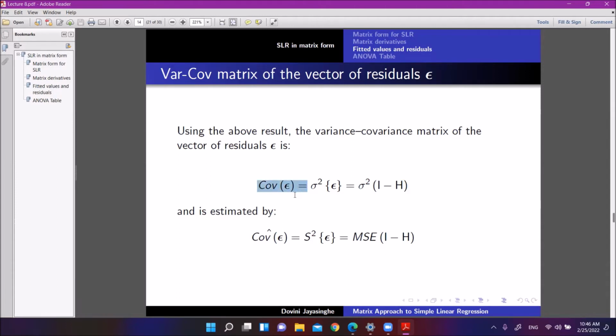Actually, this is not the covariance of error. This notation means the variance covariance matrix of error. Because the covariance of error should be zero, right? It shouldn't be sigma squared or anything, it should be zero. But in this matrix, in the diagonal terms, you have all the variance values.